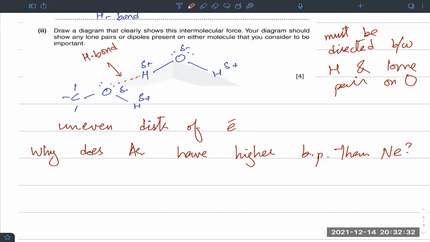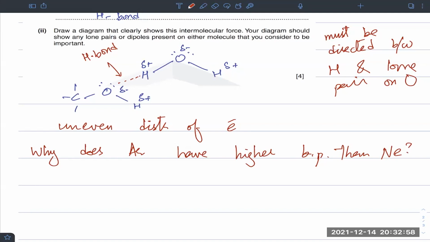Sir, because argon has more electrons, so the electron cloud is more dense, so there's more dispersion. No, wait a minute. Hold on. These are two different things. One is it has more electrons, and electron density is totally different. Electron density depends on two factors: the size and the electrons. So it's not the electron density that is more here, because वो बड़ा भी तो हो जाता है.